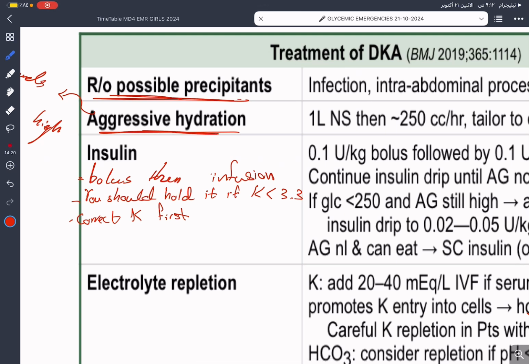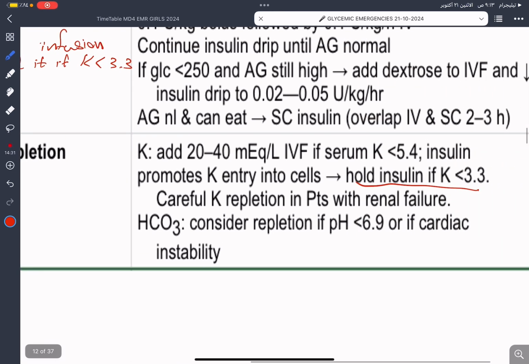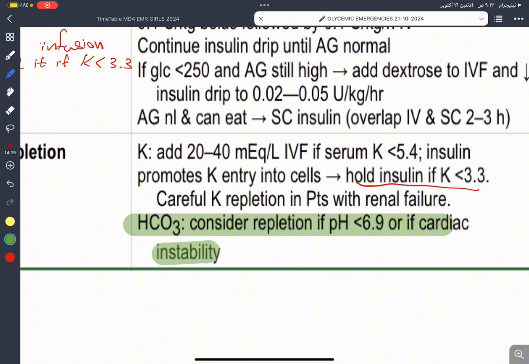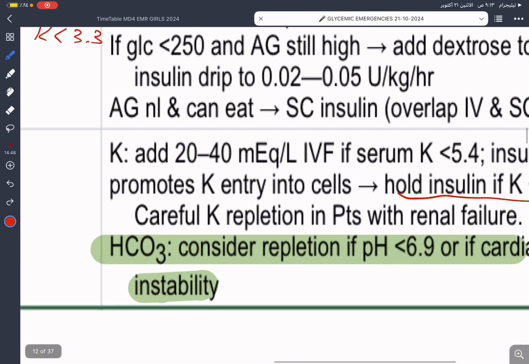Unless you have severe acidosis, like pH less than 6.9, you might give a bolus of bicarbonate, like 50 millimole or 100 millimole. Or sometimes if the patient has electrolyte disturbance or ECG abnormality with severe metabolic acidosis, we might consider giving a bicarbonate bolus. But bicarbonate administration is rare in cases of DKA.